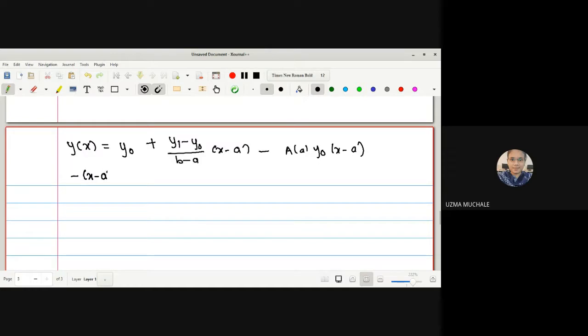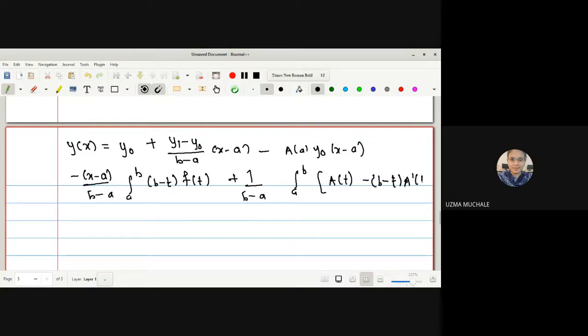Minus x minus a divided by b minus a, integration a to b, (b minus t) f of t, plus 1 upon b minus a, integration a to b, that whole bracket we have found for finding the value of y dash of a, (b minus t) A dash of t plus (b minus t) capital B of t y of t whole bracket complete, multiplied by x minus a.